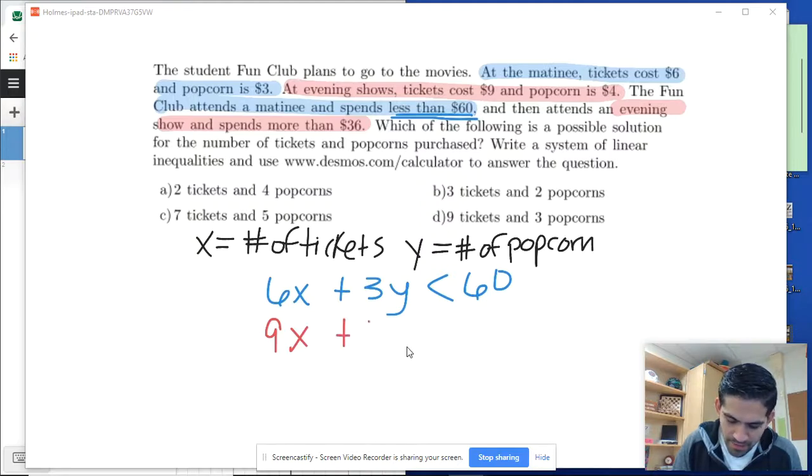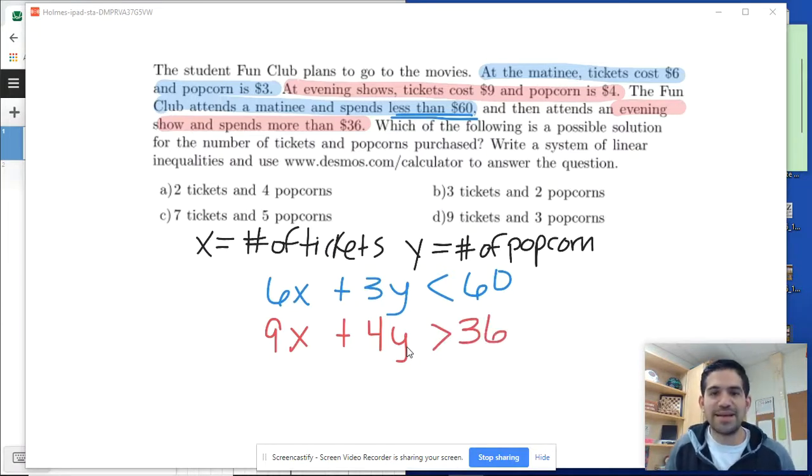The popcorn costs $4 now, so plus 4y. And we know we're spending more than 36, so greater than 36. These are the linear inequalities I'm going to use for my system. Now I want to figure out which option fits both of these. If I spent less than $60 in the morning and more than 36 in the evening.